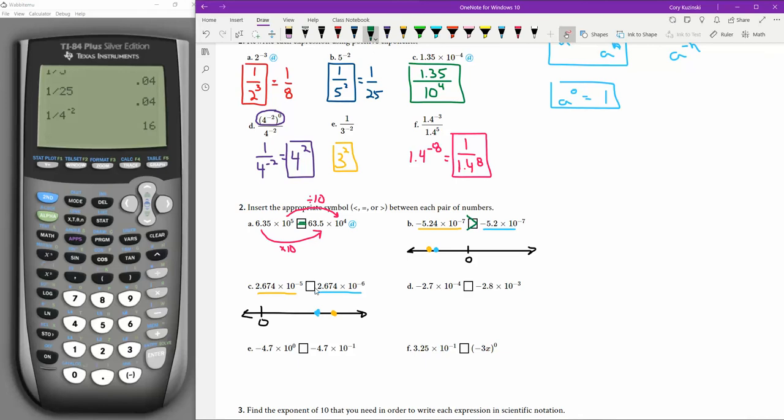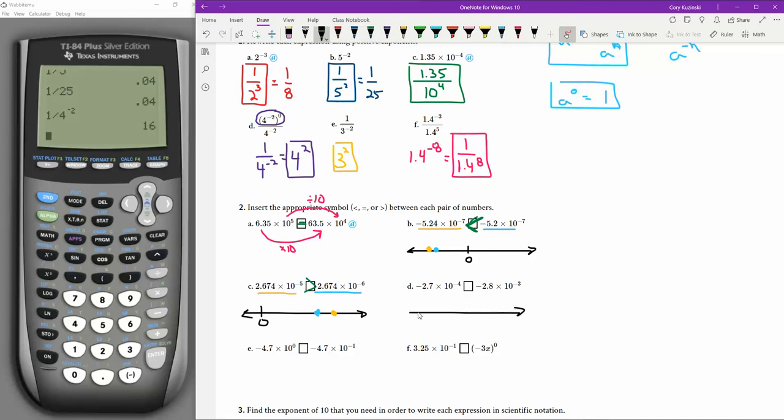I messed this up, so I'm going to go back and fix it. This number is actually greater. Let's fix this. That's left of it, so less than. There we go. The number line's helping me; I'm getting it worked out.